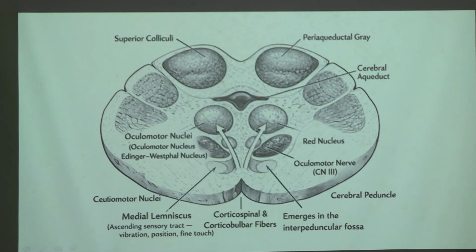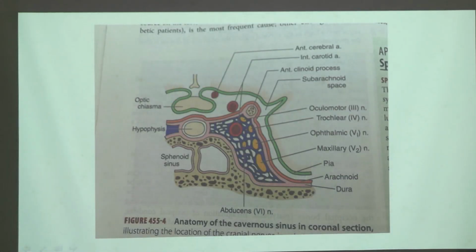Read about the third nerve and red nucleus, then the next one. I brought this picture of the cavernous sinus because of the affections. A cavernous sinus can be affected by sphenoidal sinus infections or hypercoagulable states.